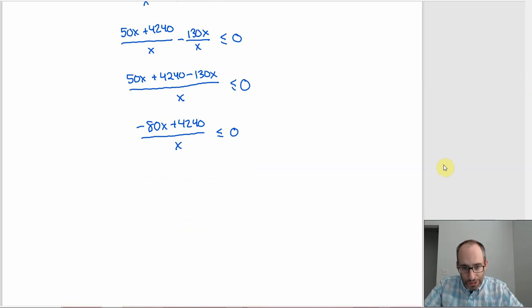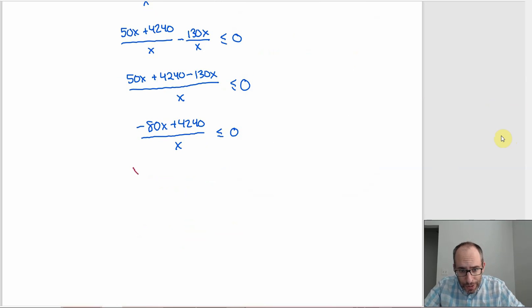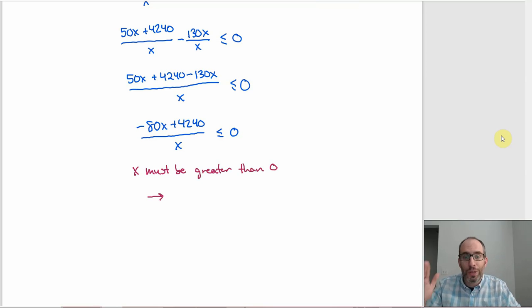So for that whole expression, in order for this to make any sense, x must be greater than 0, which means that in order for the whole expression to be less than or equal to 0, then the numerator's got to be less than or equal to 0.